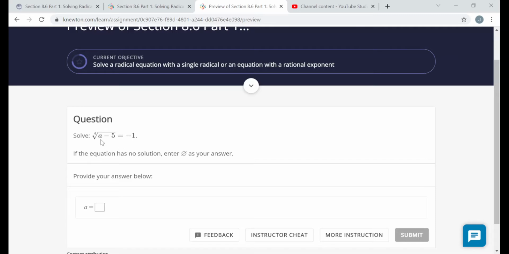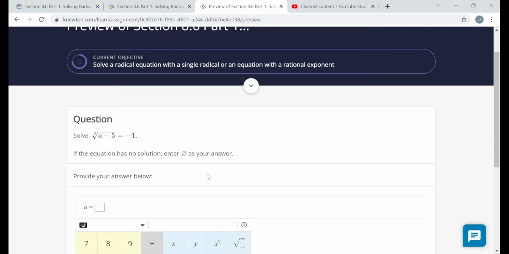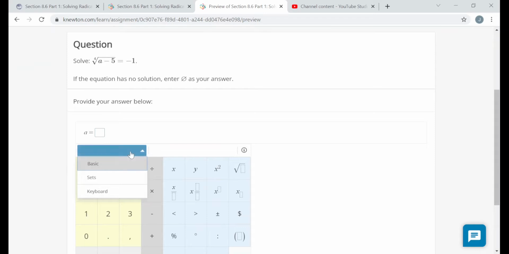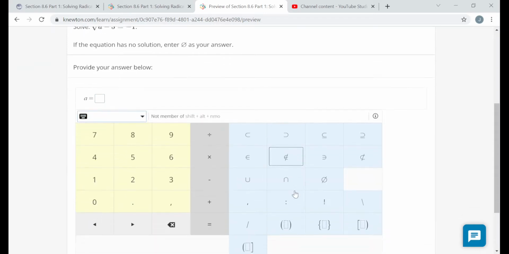But when I plug in 6 for a, you'd have the fourth root of 1 equals negative 1. But that's not true. That would be 1 equals negative 1. Remember, whenever you see an even root radical symbol, it's symbolizing the positive root. So here I have a positive root being equal to a negative number. That can't happen. So once again, I have no solution to this equation.